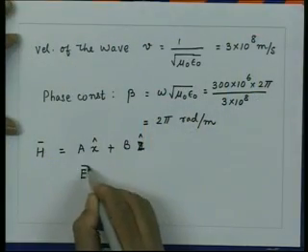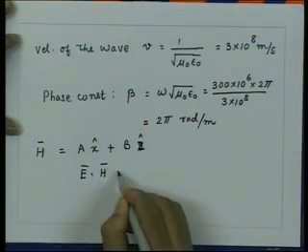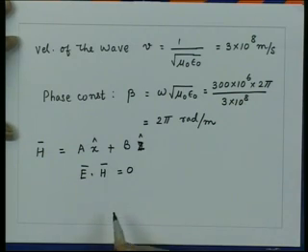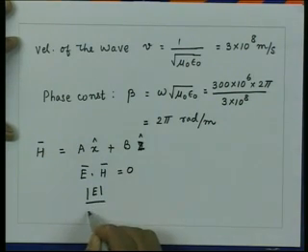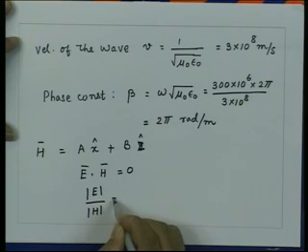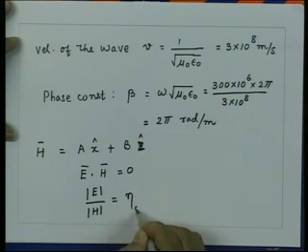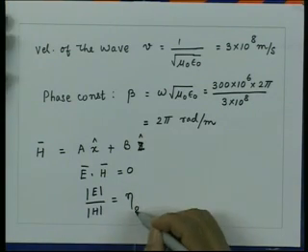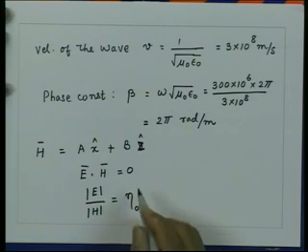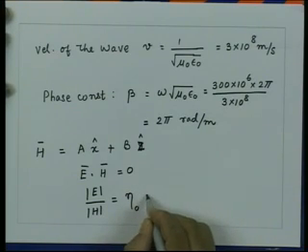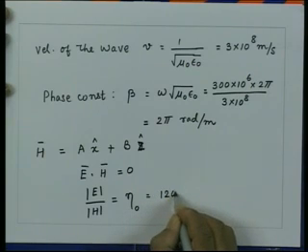So, we can make use of that property to say that E dot H is equal to 0, and also for uniform plane wave mod of E divided by mod of H is equal to the intrinsic impedance of the medium, and in this case the medium is vacuum. So, this is equal to eta 0, which is nothing but 120 pi for the vacuum.